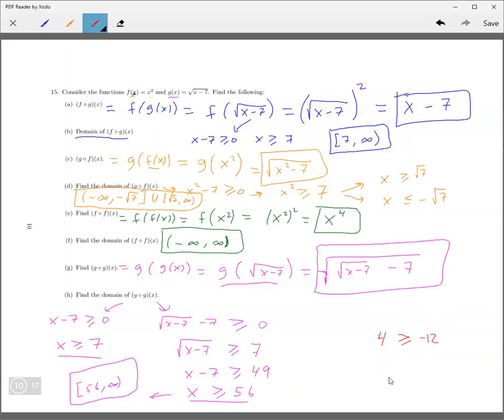So this is true. But if you square both sides, this is 16, this is 144, then it flips direction. It's not the same. So you have to be careful, because these have to be both positive before you square them. They both have to be positive.